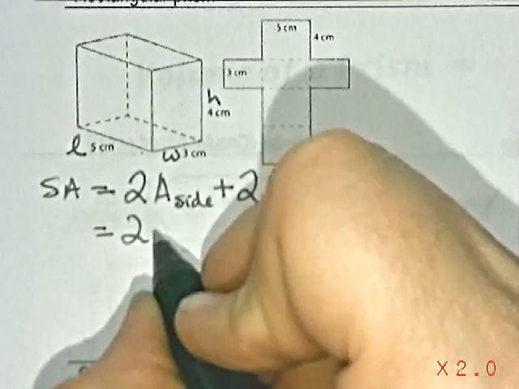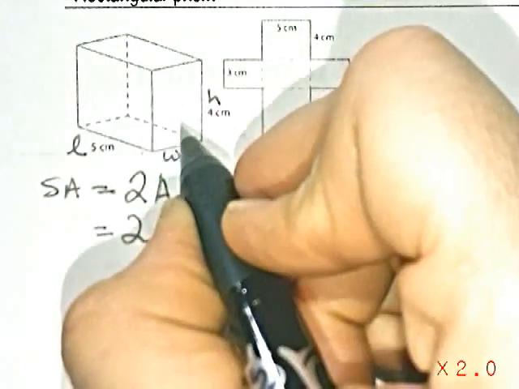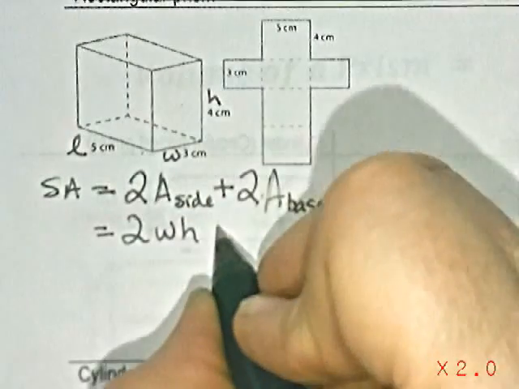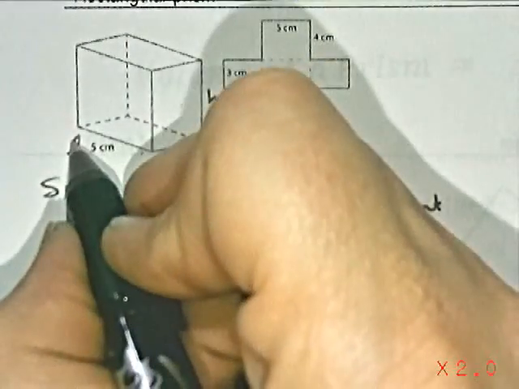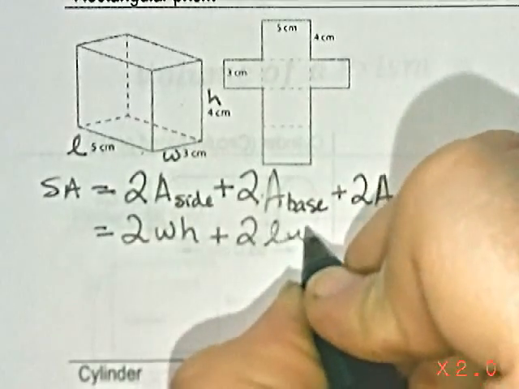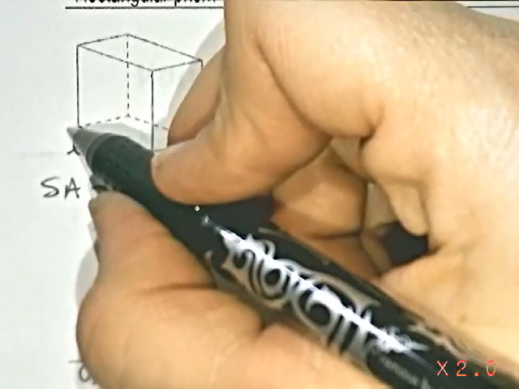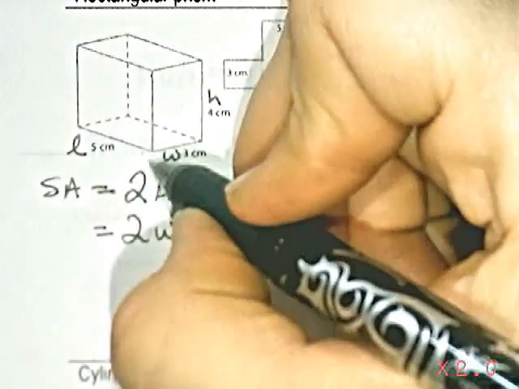So 2 times the area of the width times the height. That would be the rectangle for our left and right side. And then our base is the bottom. That's identical to the top. So 2 times the area of the length times the width, plus 2 times the area of the front and the back. So that would be the length times the height.